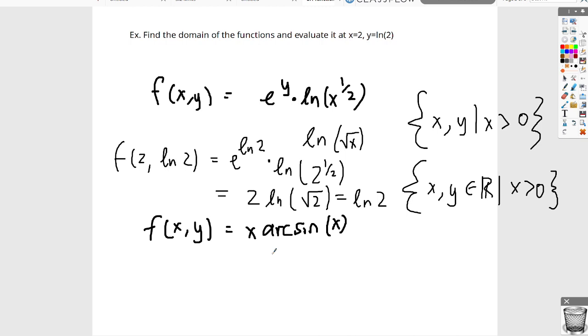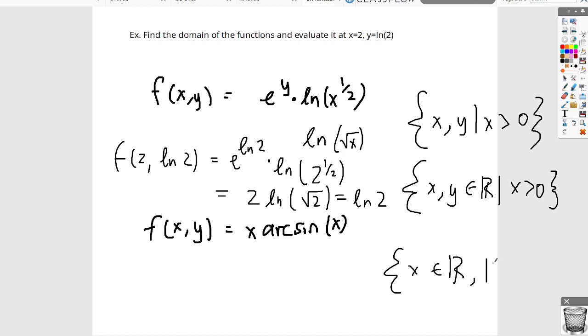The domain is 0 to 1. Yes, okay, so the domain is 0 to 1, or negative 1 to 1, I'm sorry. The domain is negative 1 to 1. So x belongs to the real numbers, but there's no y in the function, so it doesn't matter.